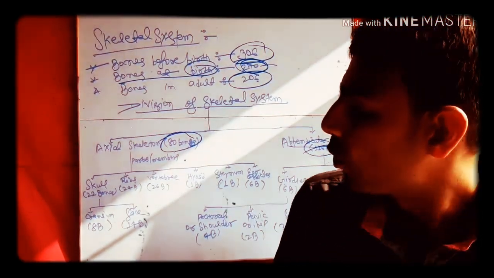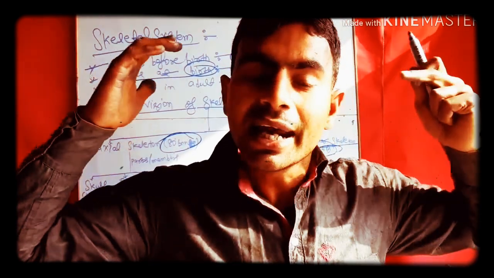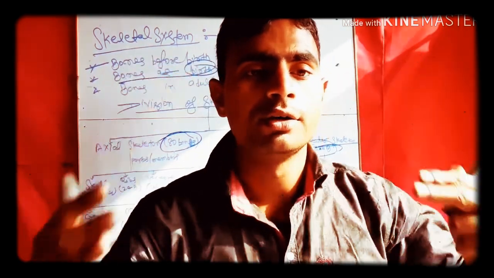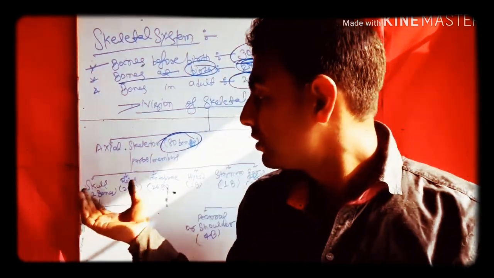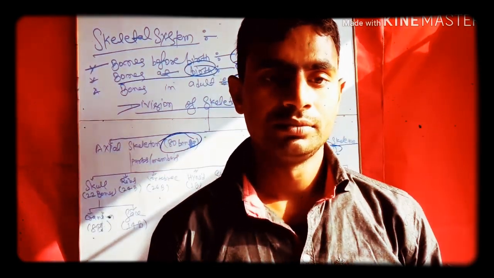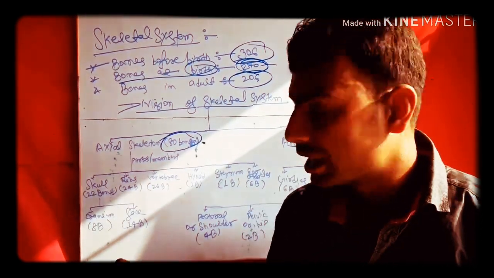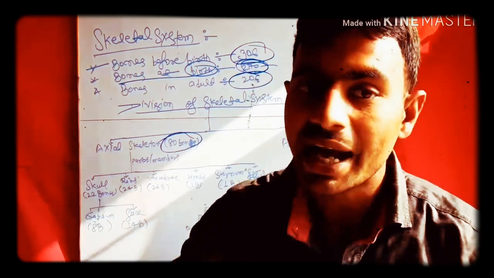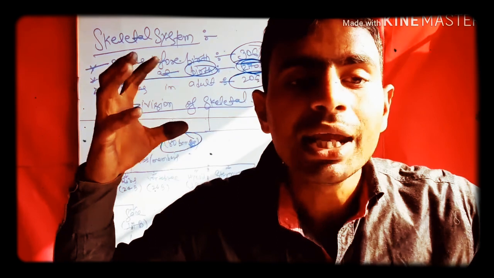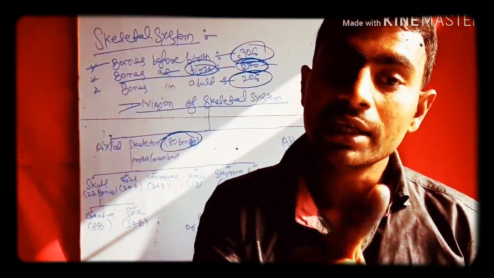The cranium is called the brain box, because the brain is present inside the cranium. The cranium is the hardest cover of the brain, its outside layer. Due to this, the cranium is called the brain box, and in the cranium 8 bones are present.